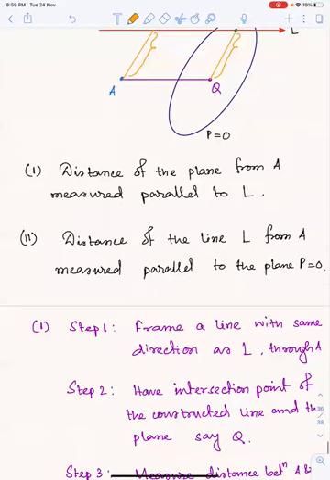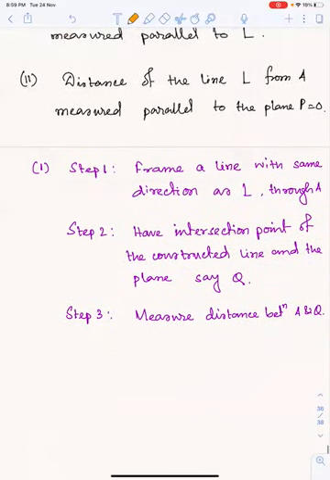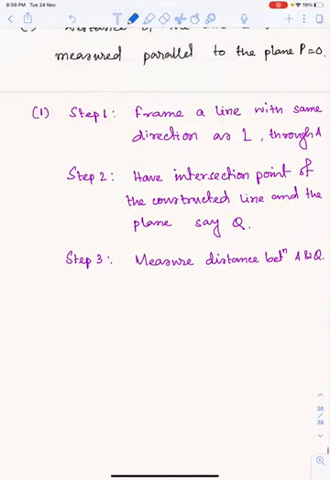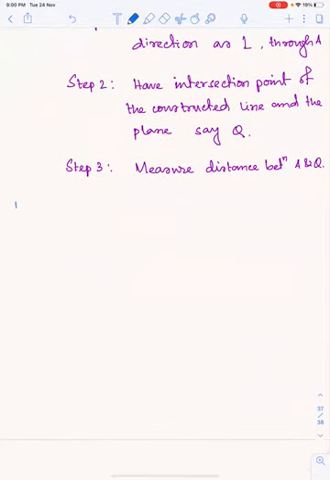So in connection with the second requirement, let us write step 1.